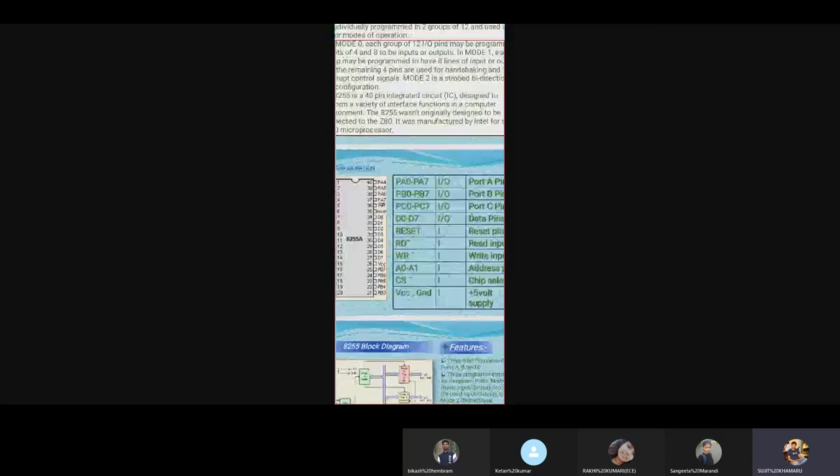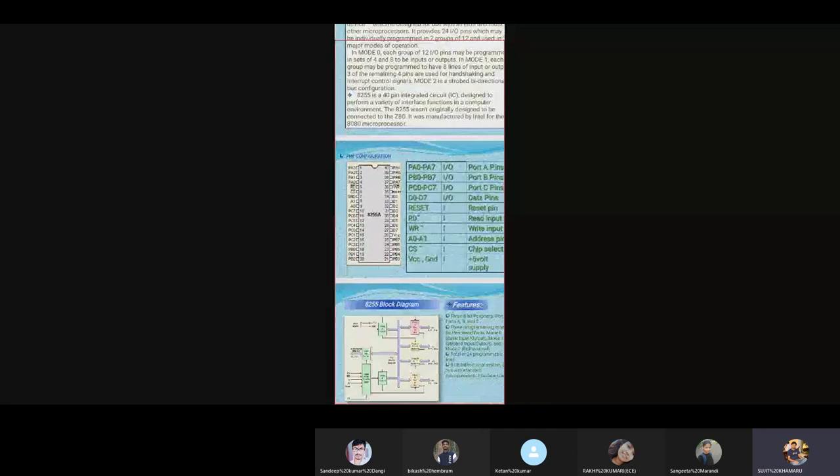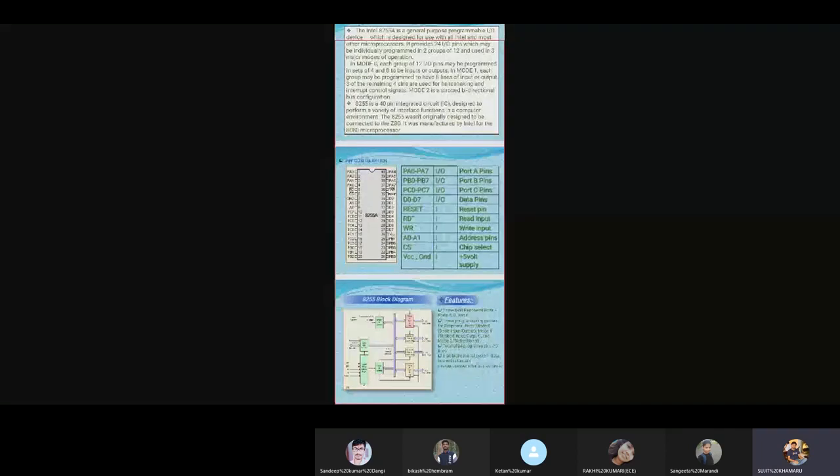Now let me show the pin diagram of the 8255. In the 8255 the pins are numbered 1 to 40. Here you see PA, what is PA? PA means port A, PB means port B, and PC means port C. So PA0 to PA7 is the total, how many pins? 8.